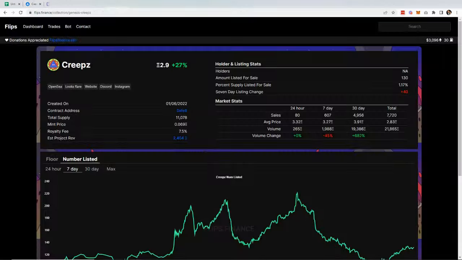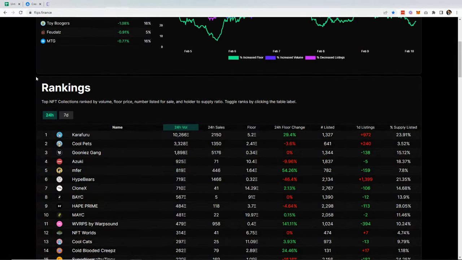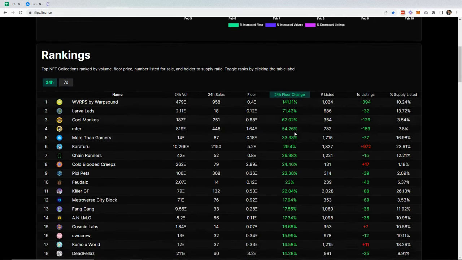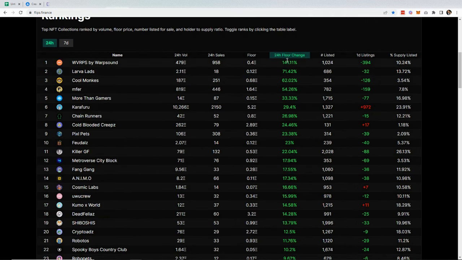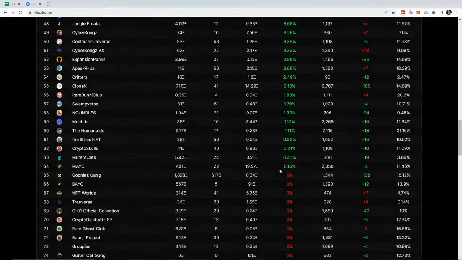And just a little tip here in the end, flips.finance is amazing to find really good collections to bid on. You go in here, click on 24 hours, 7 days, try them both, and look at the 24 hours floor price change. Obviously there are some that go up a lot. I would probably avoid all those and look at ones that are between 15% up and down to zero.